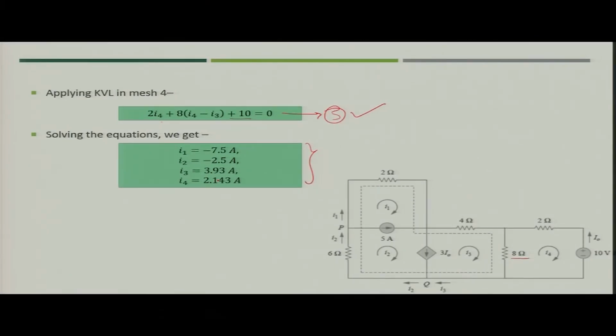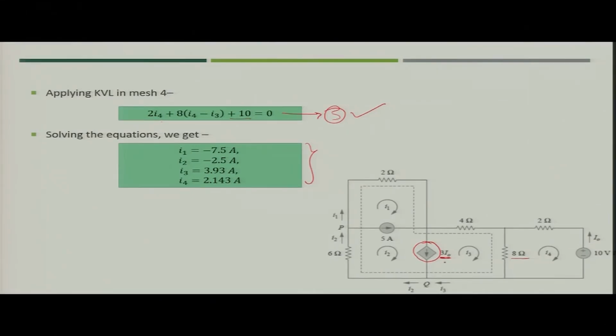So, if you follow the concept of the larger super mesh and the super mesh, it is very easy to solve these kinds of circuits, which look a little bit complicated when you see them for the first time, but are very easy to handle. The important thing you have to remember is that since it is a dependent current source, you have to find out how its value would be calculated.